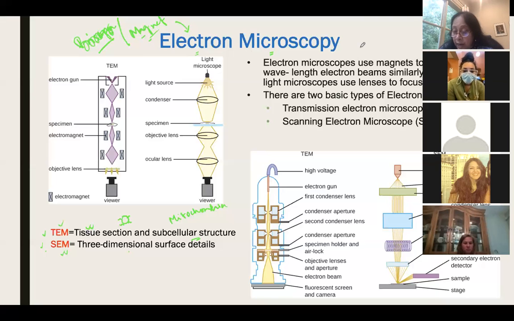To observe living organisms, this is not the right choice. Our best choice should be the light microscope, because it's living, we do not have to stain, and at the same time we can see the movement of the organism.